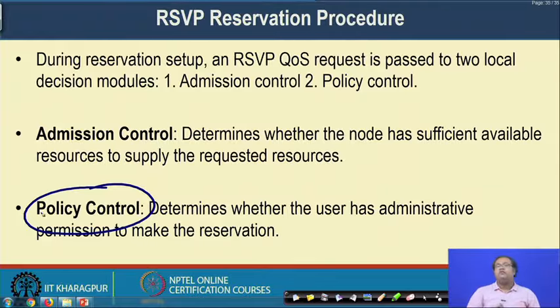So, that is why you need to make the corresponding service level agreement with the network service provider before sending any quality of service associated packet. So, this policy control actually comes from the service level agreement that talks about whether the user actually has sufficient administrative privilege to mark its packet as a high priority packet or not.